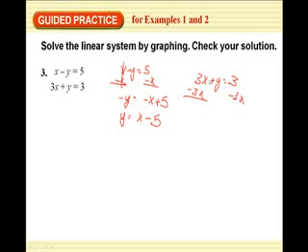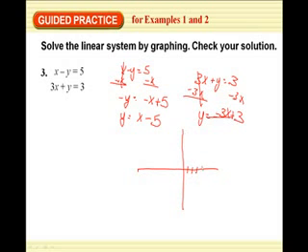Whoops, it's a plus right there. So I get y equals -3x plus 3.